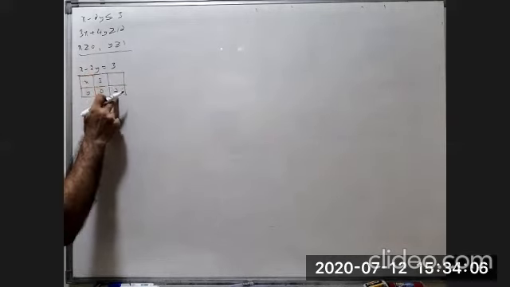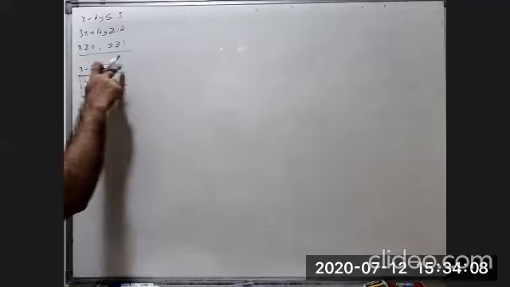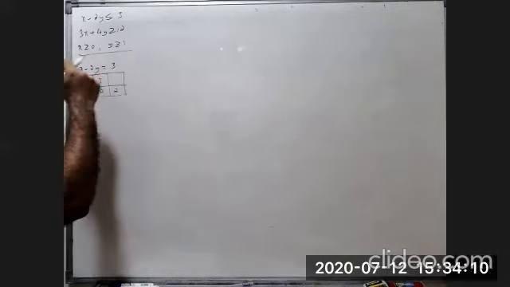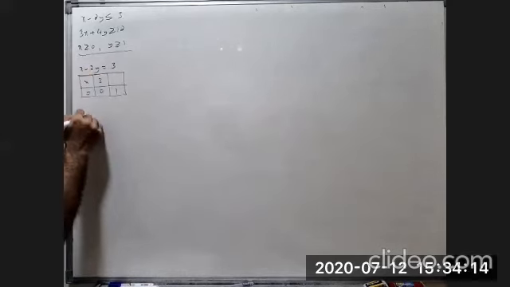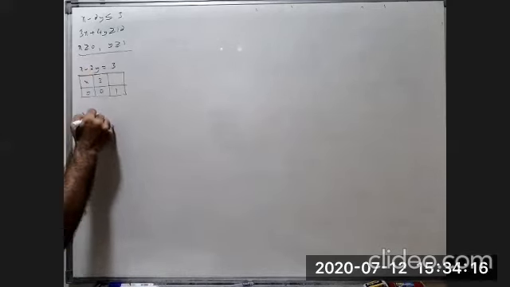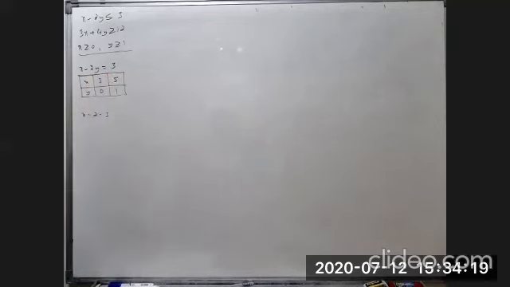If y is 2, x is 3 plus 2y, 3 plus 4. Okay, take 1. So x minus 2 is equal to 3, x is 5. If y is 1, x is 5.